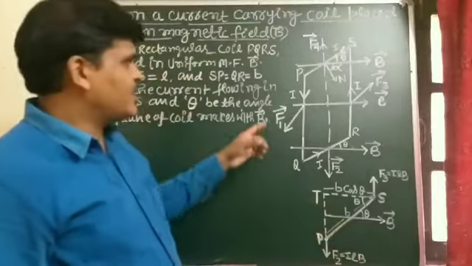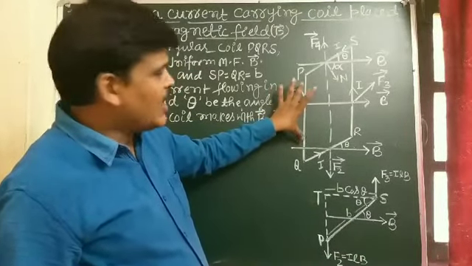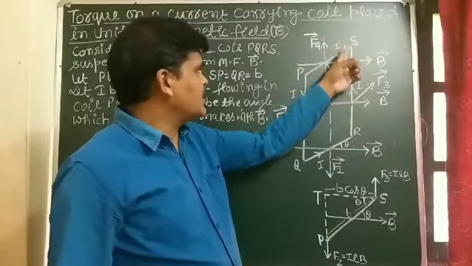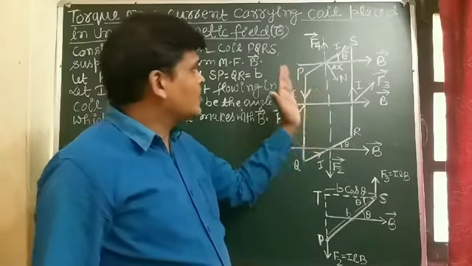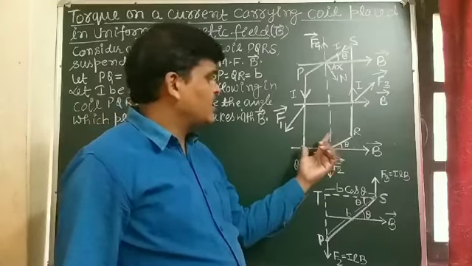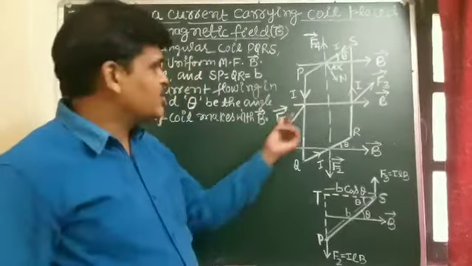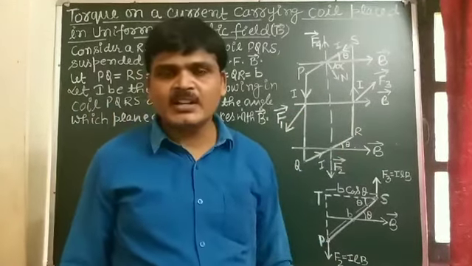So student, here the rectangular coil is made by 4 arms, PQ, QR, RS and SP, and each arm experiences a force because they carry a current I and are placed in the uniform magnetic field.